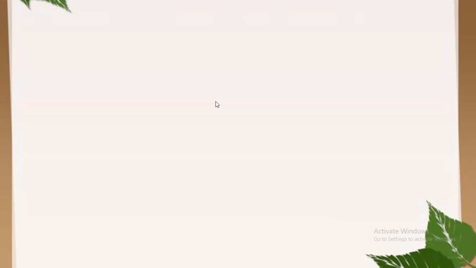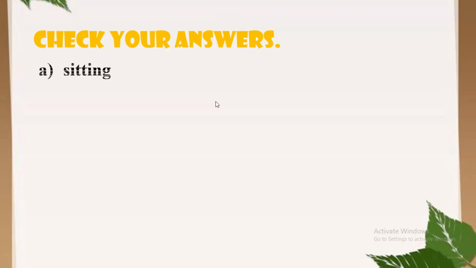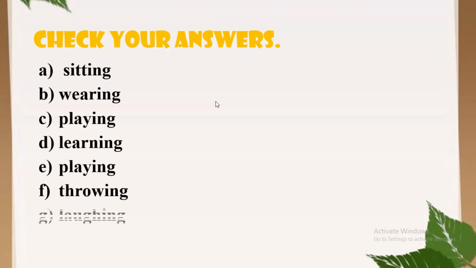Alright, if you complete your task, the blanks are ready. Let's check your answers. So these are the correct answers. Check them with your textbooks that you have written, and if it is wrong, you can change it by yourself.